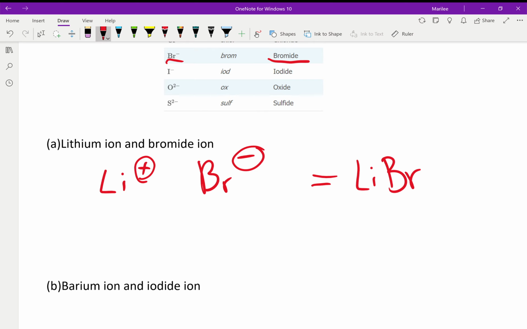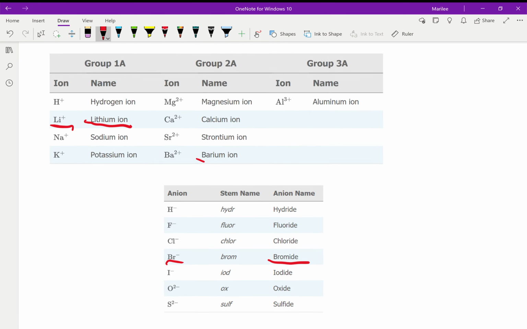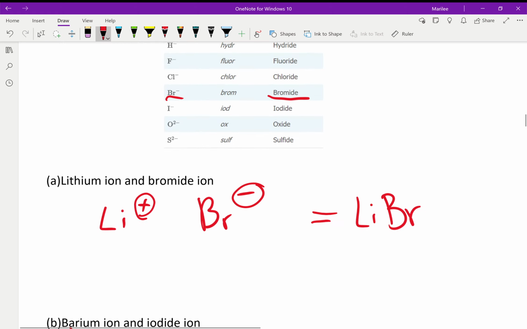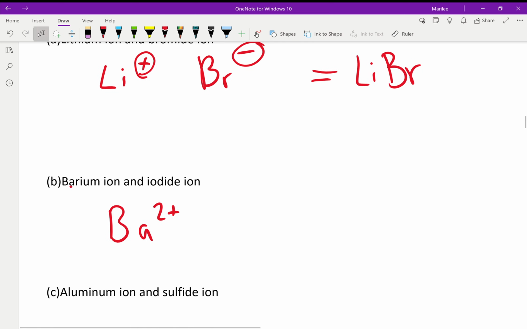If we look here at barium, the ion is Ba2+, and we have our iodide ion. Iodide here is I-. So our charges now, unlike our example before, are not the same. 2+ and 1- are not the same.